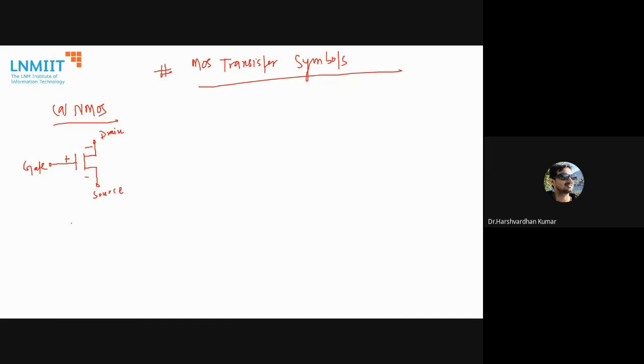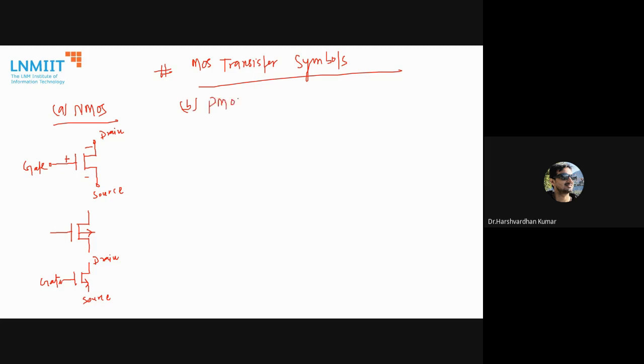Similarly, another symbol is like that. So this is the source, drain, and gate.